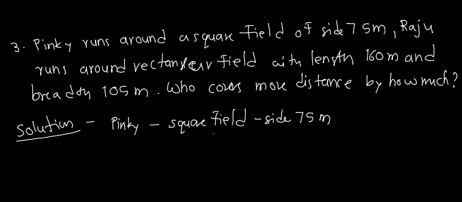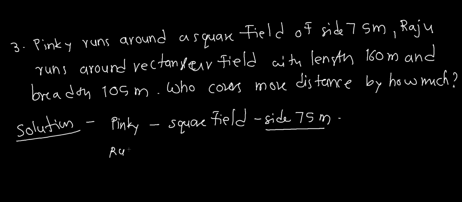The property of a square is that all sides are equal. So as they have given 75 meters, all sides of the square must be 75 meters only. That's reading between the lines. So we just need the side of this currently.